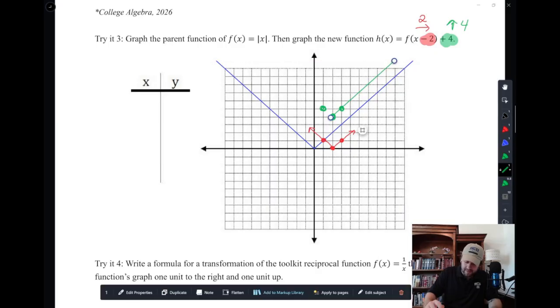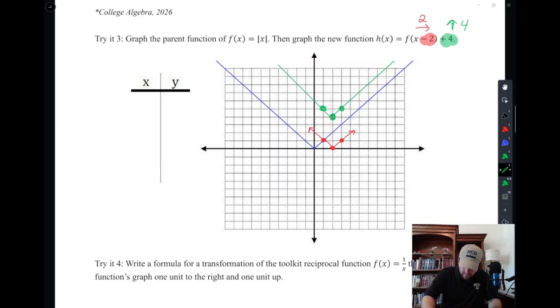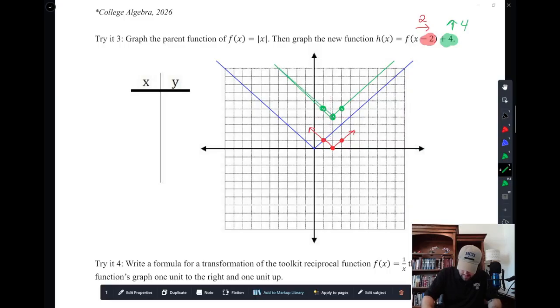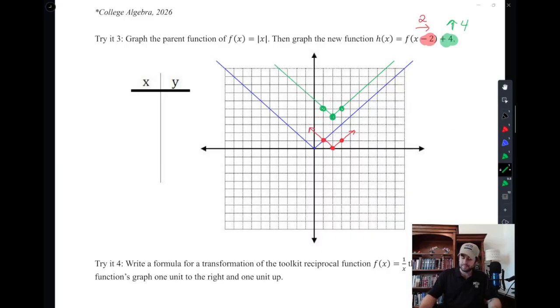So it looks a little like that, and it looks a little like that. Is that a good line right there? That is pretty good.